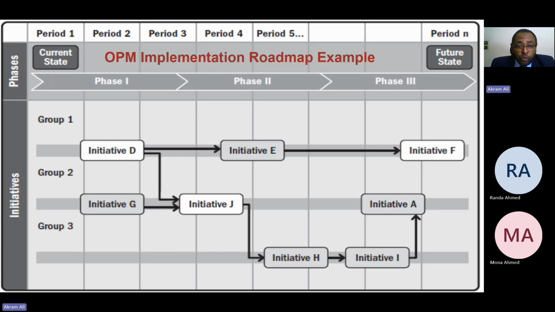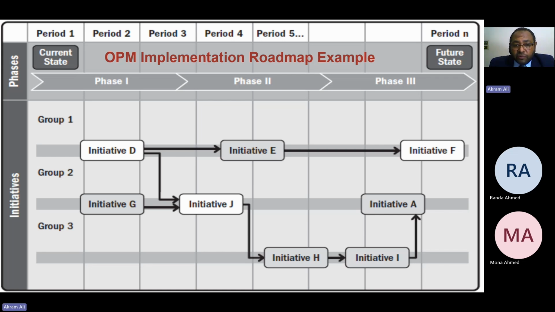Finally, we have an example of an OPM implementation roadmap, which has our current state and our future state as defined by our strategic plan. And we have different time periods. For example, the periods could be months. And we have phases, phase 1, phase 2, phase 3.